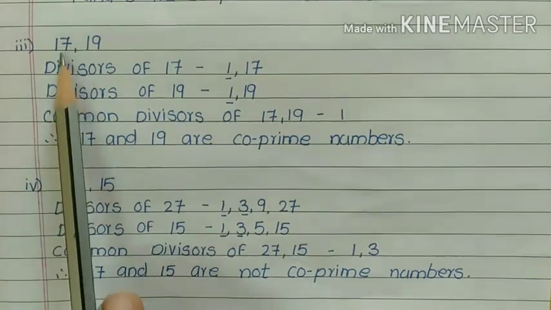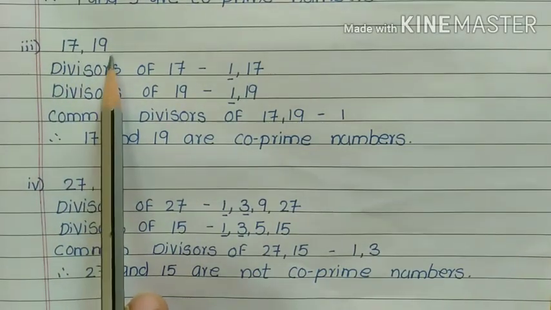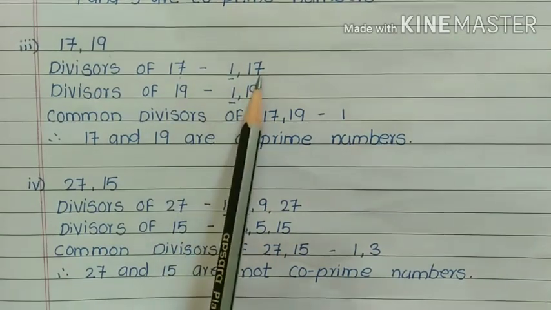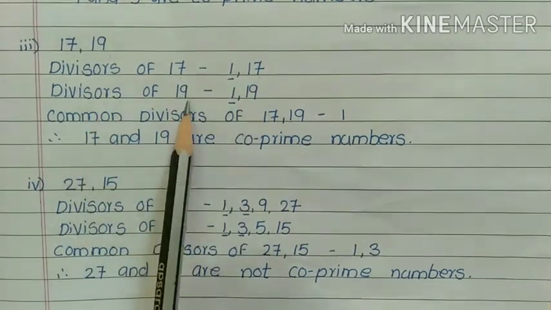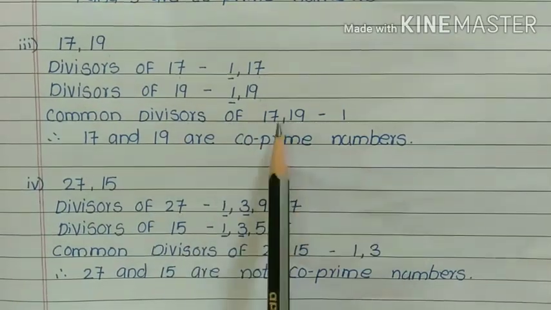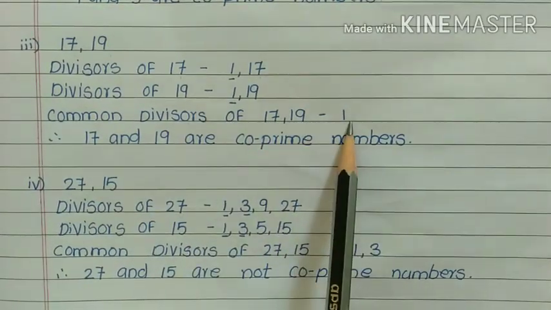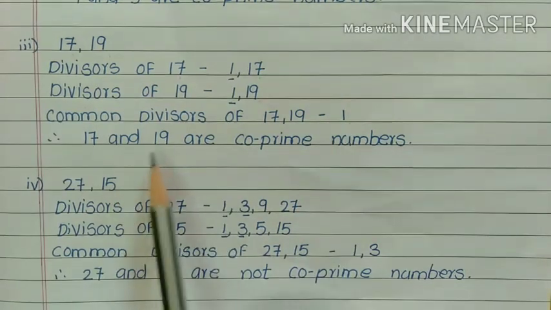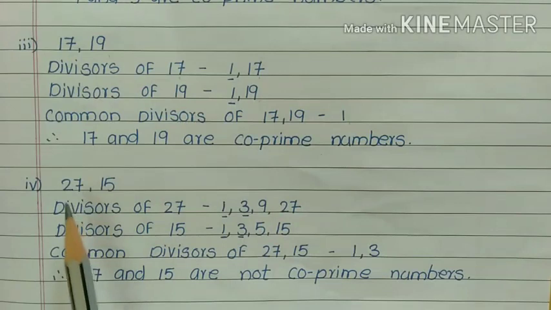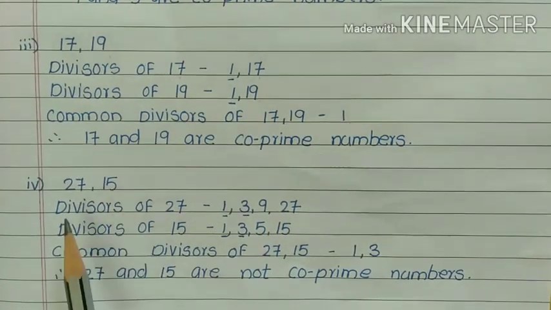Next example, 17 and 19. Divisors of 17: 1 and 17. Divisors of 19: 1 and 19. The common divisor of 17 and 19 is only 1. Therefore, 17 and 19 are co-prime numbers. 27 and 15.